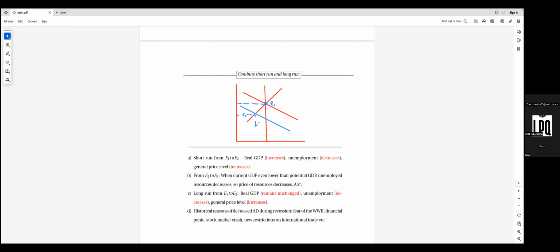What happens now is that the GDP is lower than the potential GDP and the price level has decreased. So this is called a recession. This is exactly what happened during the Great Depression, when AD decreased by a lot.